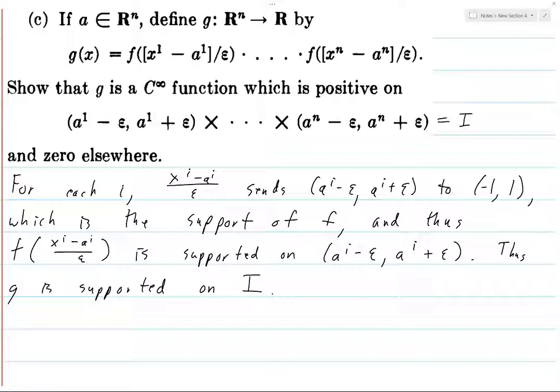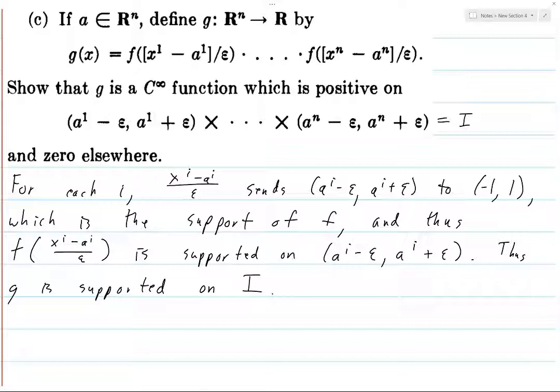And so when you evaluate g at this point, one of the factors is going to be 0, and so the whole thing is going to be 0. Therefore, for any point in Rn, if one coordinate does not lie in the corresponding interval of I, then g is going to evaluate to 0.